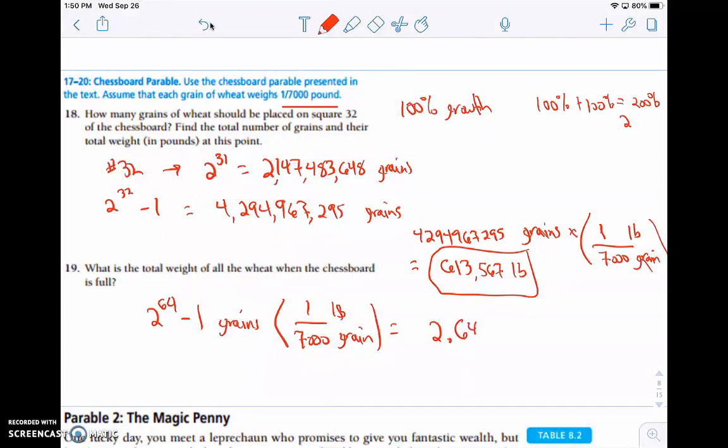I get 2.64 times 10 to the 15th pounds, and 10 to the 9 is billion, 10 to the 12 is trillion. So we are in the hundreds of trillions of pounds when all is said and done. A little interesting parallel there. So hopefully you can see how much doubling can really add up in a hurry.